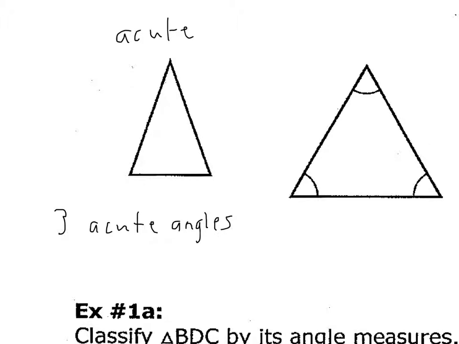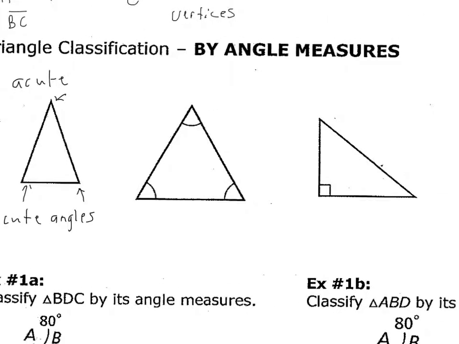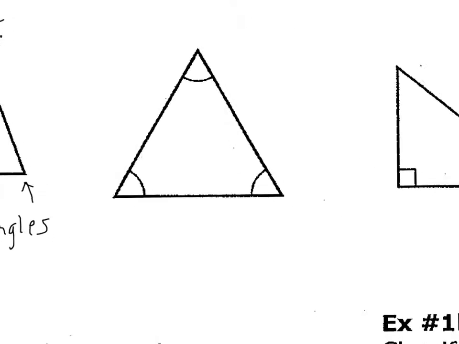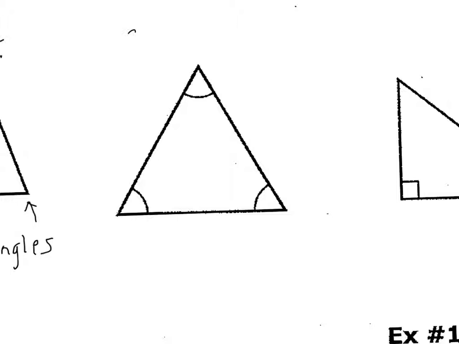So each of these angles would need to be less than 90 degrees to be an acute angle, or acute triangle.